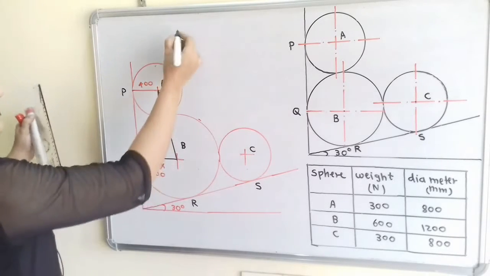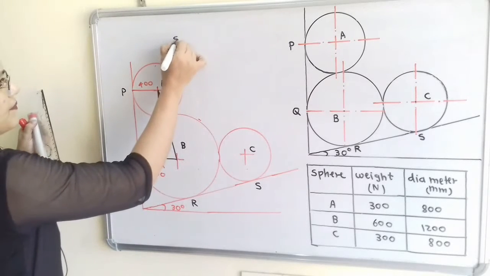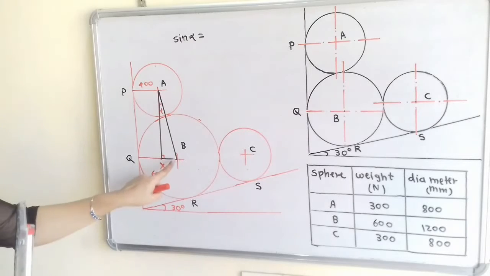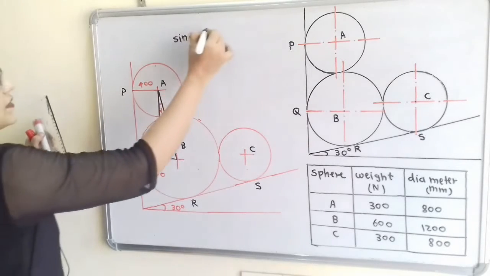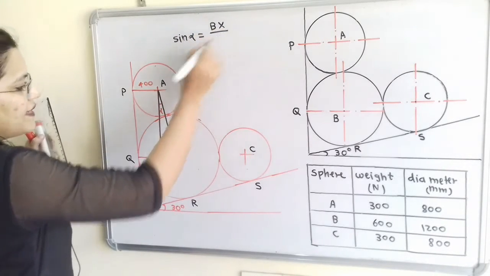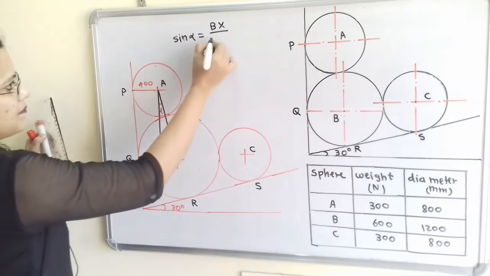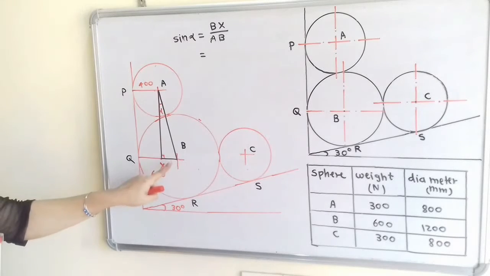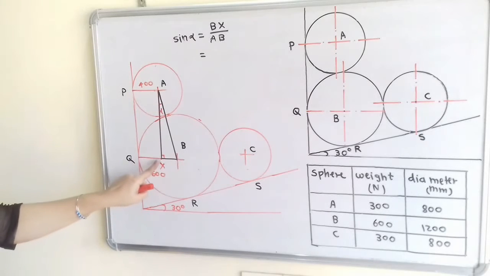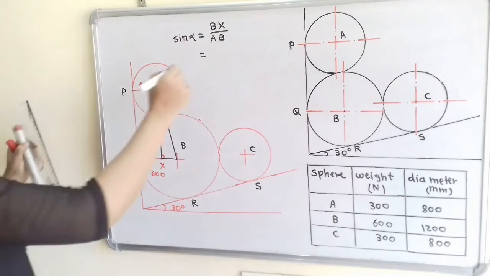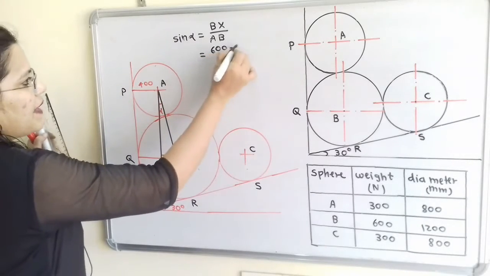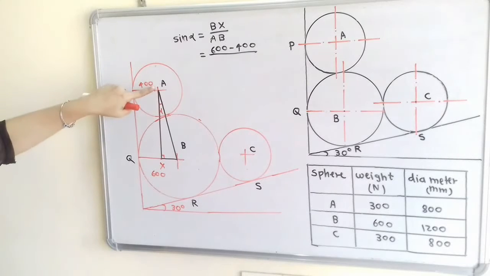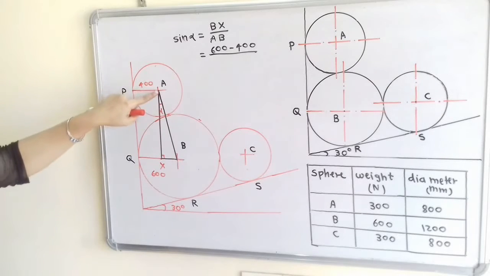So from this we can say that sine of alpha is equal to, now this distance is BX divided by this distance AB. Now how to calculate BX? So we know that BQ is 600 and XQ is 400. So that is equal to 600 minus 400 divided by, now if we observe, distance AB is the line joining the centers.